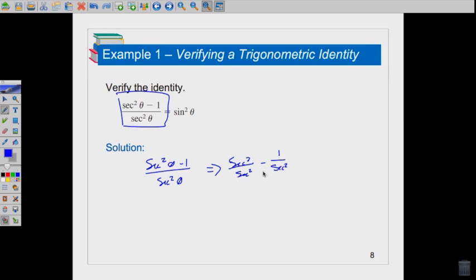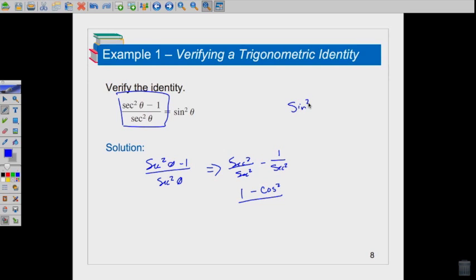Alright, so what has that done for me? Secant squared over secant squared is 1, and then minus 1 over secant squared. That is cosine squared, because secant and cosine are related by reciprocal identity. So now that I have 1 minus cosine squared, this should hopefully start to ring a bell in those brains of yours that it's something to do with the Pythagorean identity. And it is.